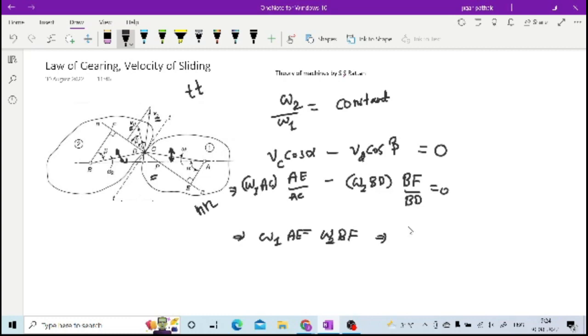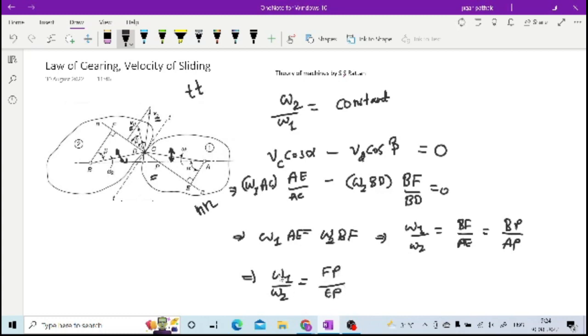So now you can write omega 1 by omega 2 is equal to BF upon AE, which can also be written as BP upon AP, from the similar triangles. And furthermore, it can also be represented as omega 1 by omega 2 is equal to FP upon EP.